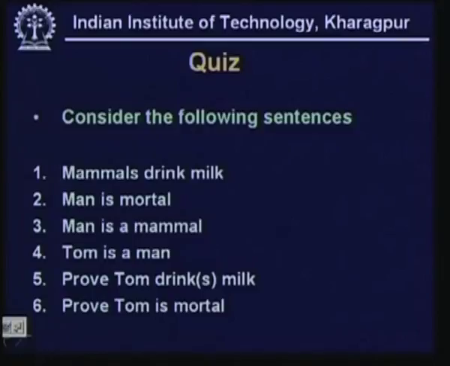Mammals drink milk, man is mortal, man is a mammal, Tom is a man. So, these are 4 statements that we have said, all right. Prove that Tom drinks milk. Prove that Tom is mortal.